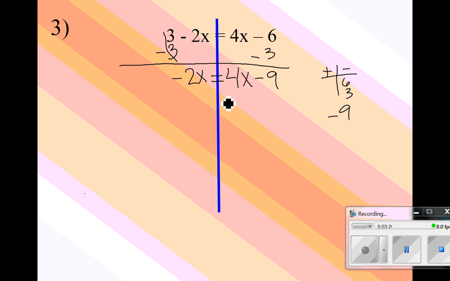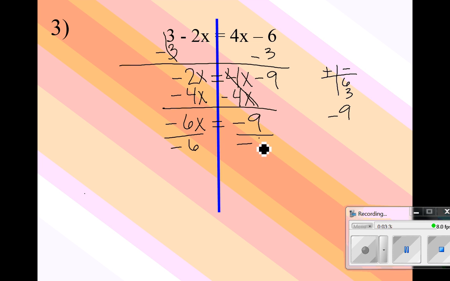Then I'm going to subtract 4x from both sides. Negative 6x equals negative 9. Divide both sides by negative 6. If you do Dorito Man with multiply divide, you know that a negative divided by a negative gives you a positive.